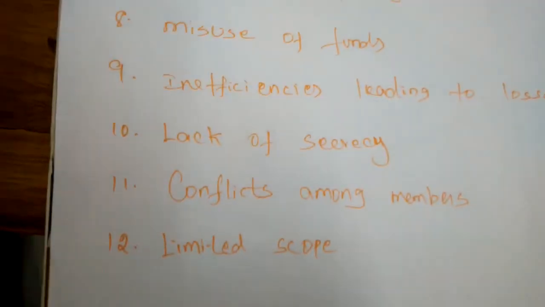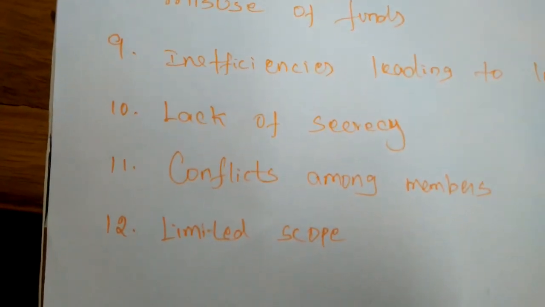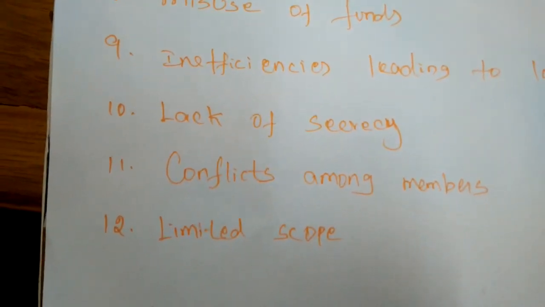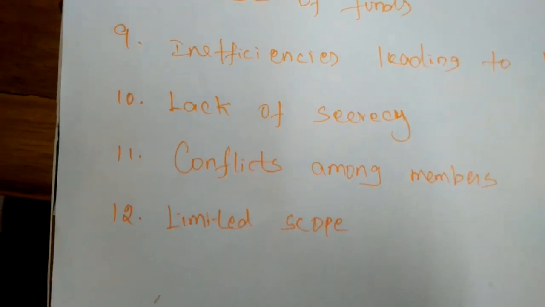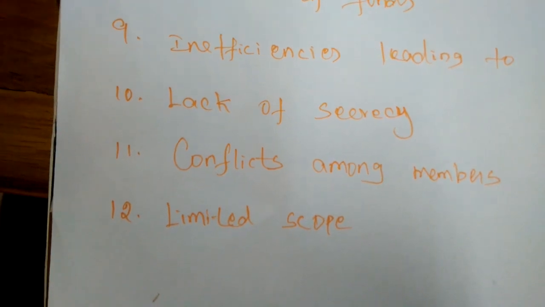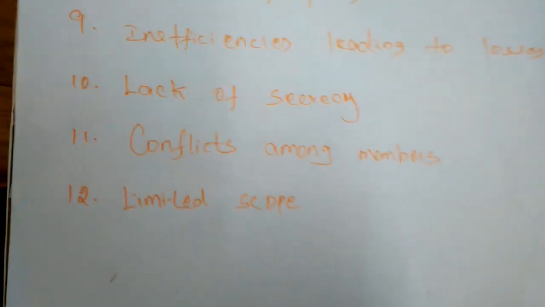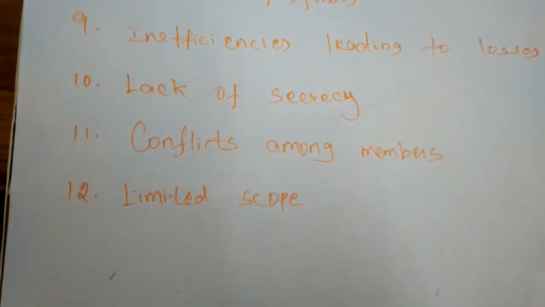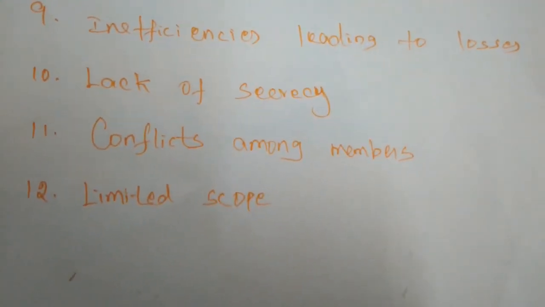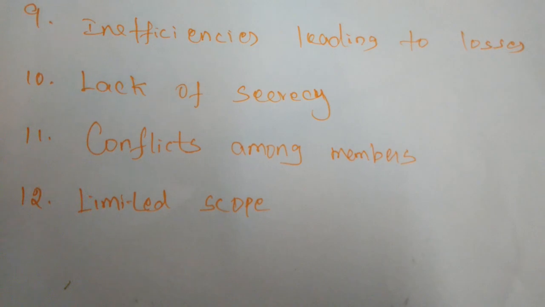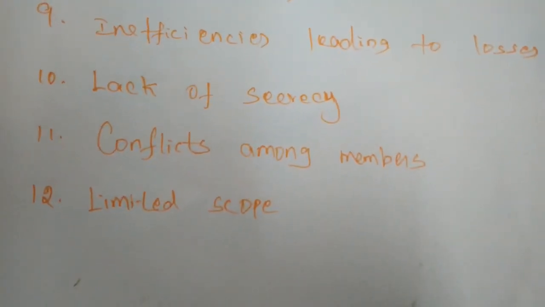Next, conflicts among members. Cooperative societies are based on the principles of cooperation, and therefore harmony among members is important. But in practice, there might be internal politics, differences of opinion, quarrels, etc. When conflicts among the members exist in these cooperative organizations, within a short period they will fall into loss, which may lead to disputes.